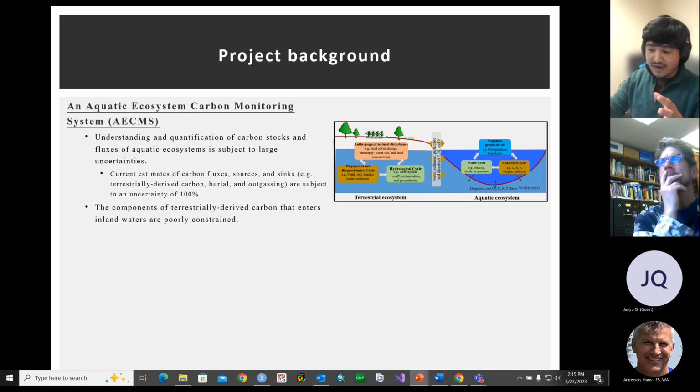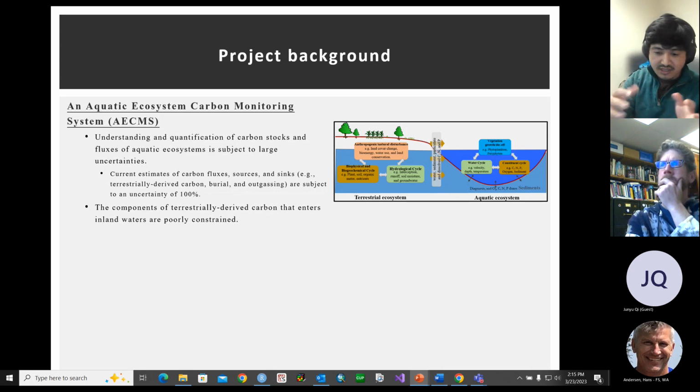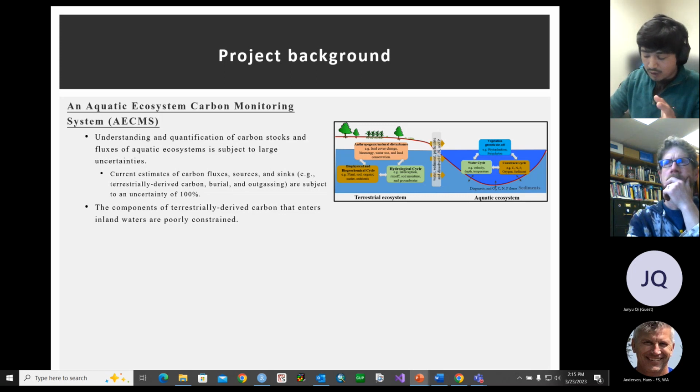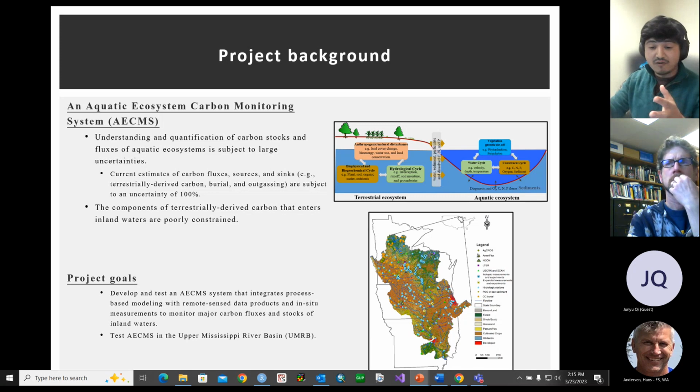On top of that, the carbon fluxes that go from the terrestrial systems to the aquatic systems are also poorly constrained. So our project goal was to develop this aquatic ecosystem carbon monitoring system, and we'll showcase this system using the upper Mississippi River Basin, where we use a process based model.